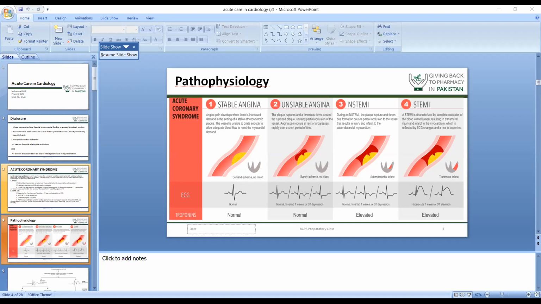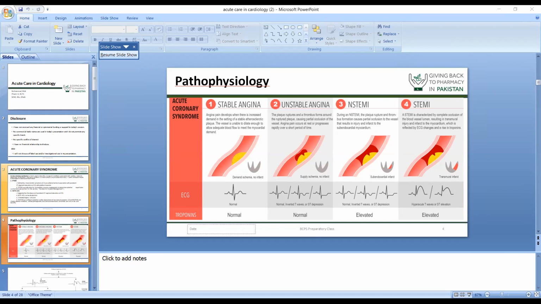If a facility cannot do primary PCI within 120 minutes, then they have to give fibrinolytic therapy, with door to needle time of 30 minutes. After this, you begin post-procedure therapy.